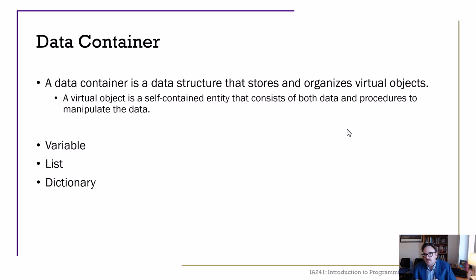We cannot do things to a string that we would do to an integer. We can't do things to a float that we would do to an integer or a string. Okay, they're all slightly different. And so the three big types of data containers that we'll talk about are variables, lists, and dictionaries. Okay, a variable is one simple piece of data.